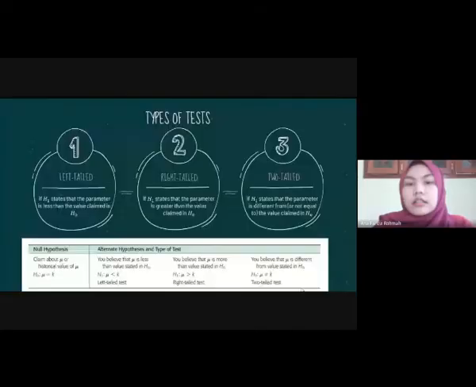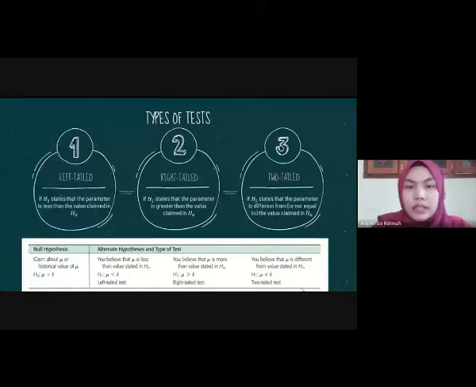Okay, the next slide is the types of tests. First, there is left tail, second is right tail, and third is two tail. Left tail: the alternate hypothesis says that the parameter is less than the value claimed in the null hypothesis.